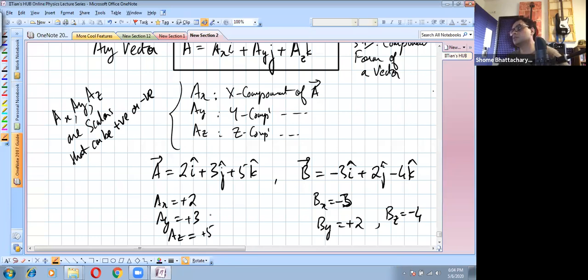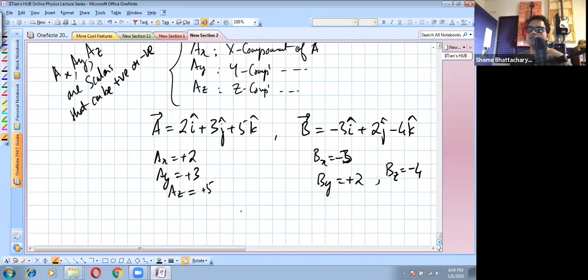We've discussed this before: a scalar quantity can be negative. For example, when we write coordinates, they are scalar quantities only. When we write the coordinate of a particle as x equal to minus 2, it's a scalar only, it's not a vector. When we write the position vector or the displacement as minus 2i cap, then it becomes a vector.